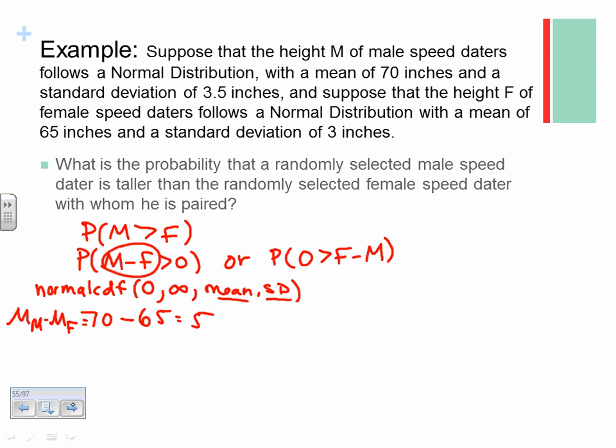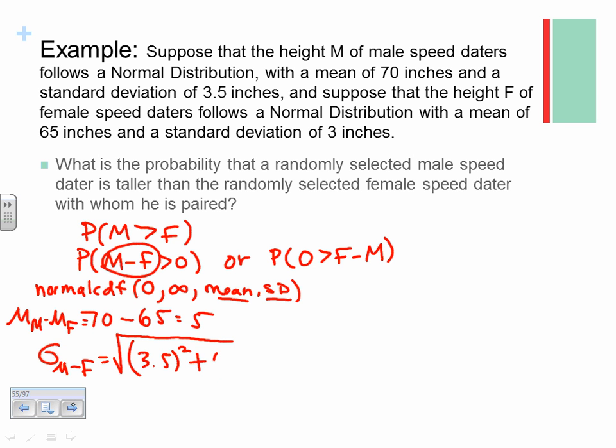The standard deviation for m minus f is going to be the square root of the male's 3.5 squared, plus, do you hear me on this?